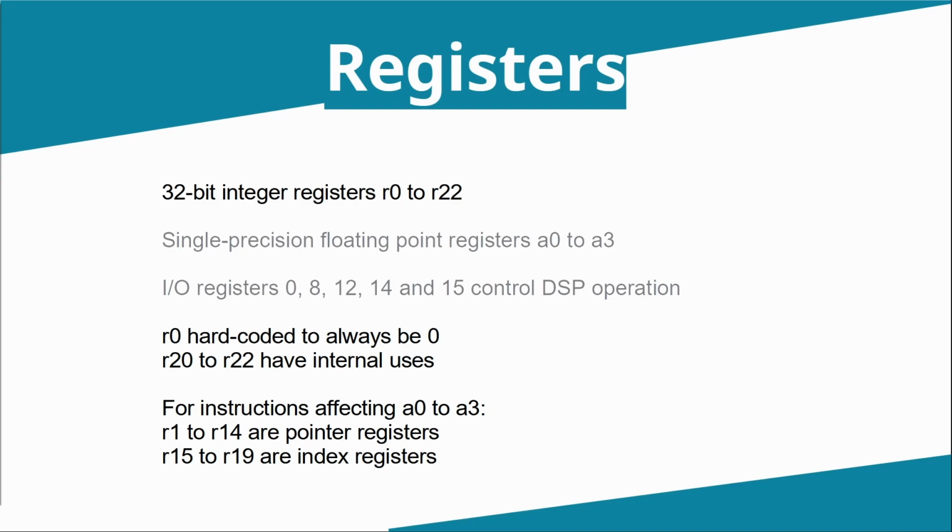And then finally, for instructions that affect the accumulators A0 to A3, there is a dividing line between the remaining R registers. R1 to R14 can act as pointers into memory, whereas R15 to R19 are index registers, and we'll see the use of that in an example in a minute.